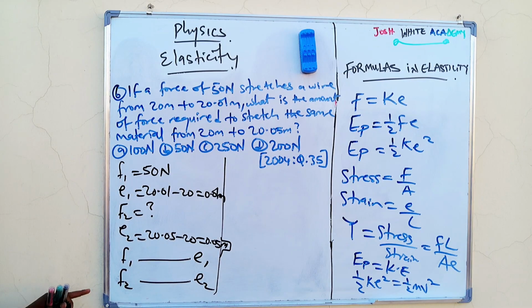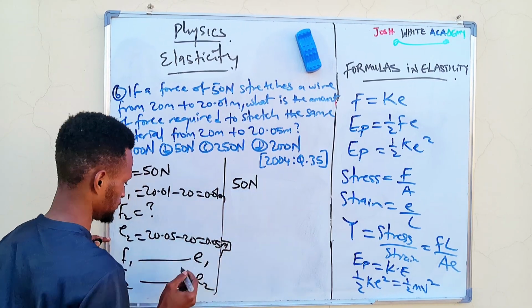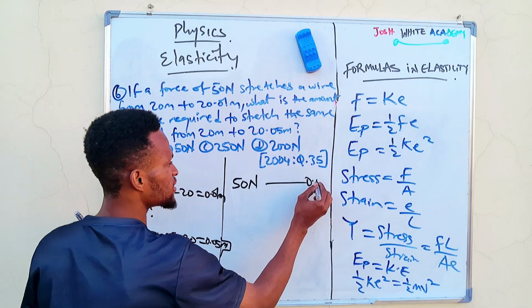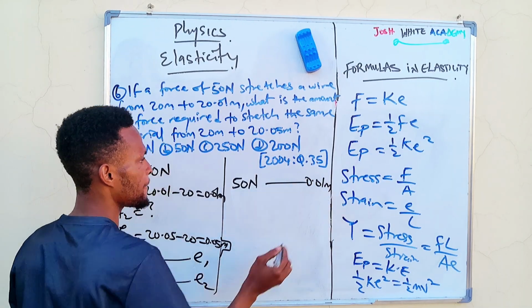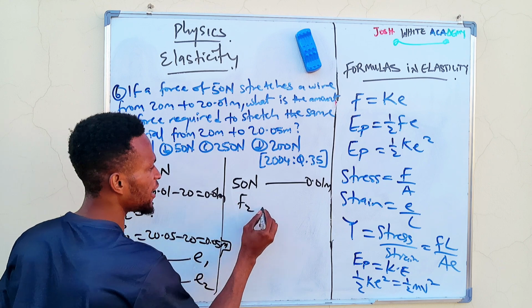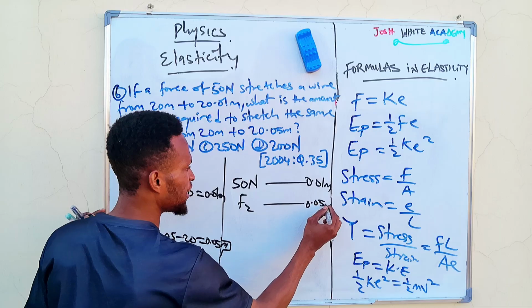As simple as that. So our first force is 50 newton, our first extension is 0.01 meter. Our second force is what we are looking for, F2, and our second extension is 0.05 meter.